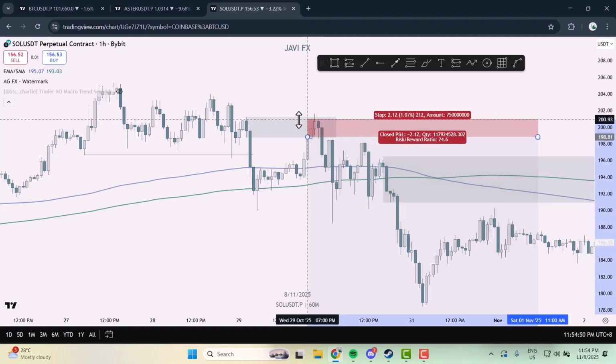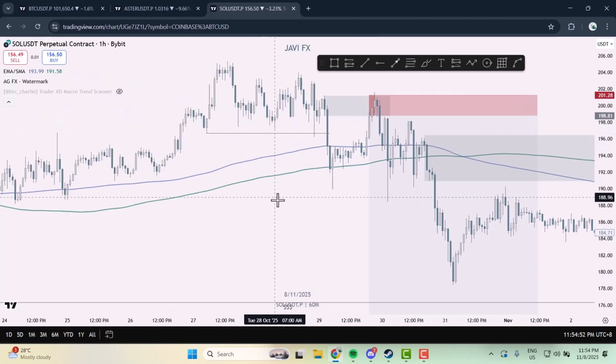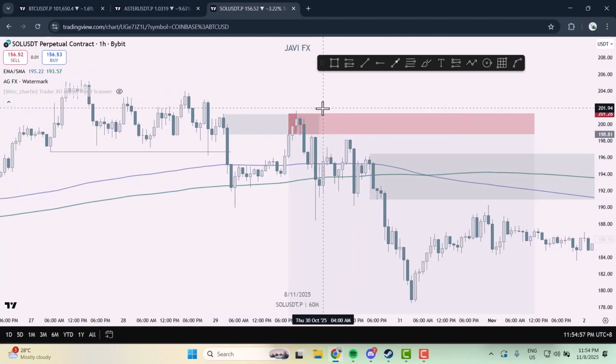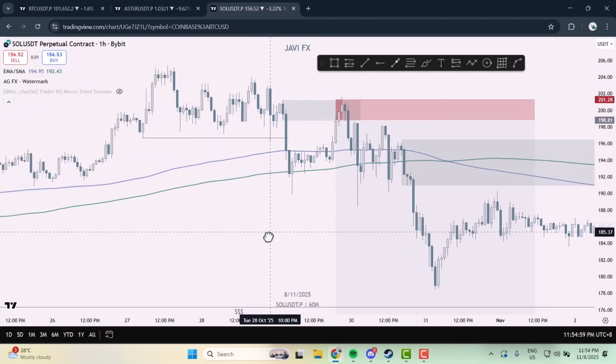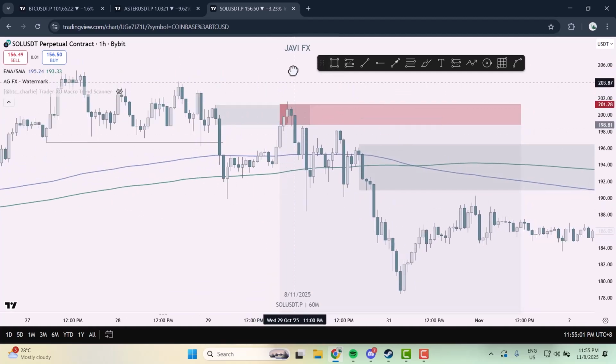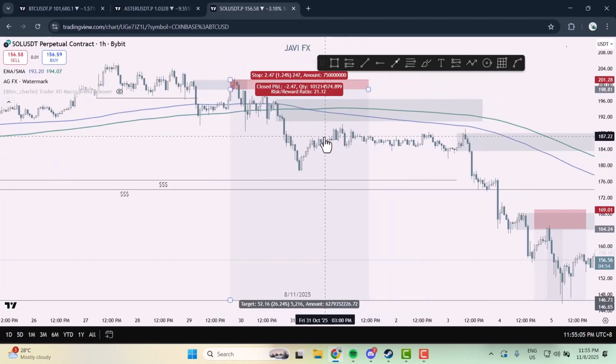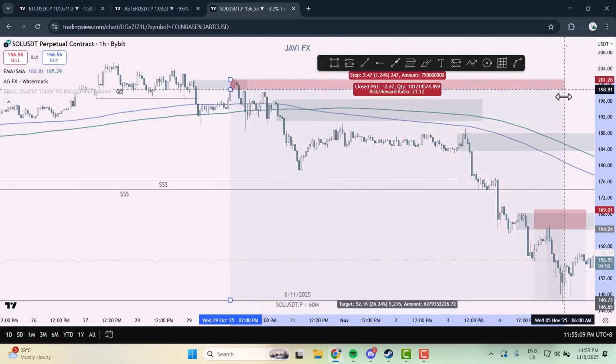Something like this. If you did not give leeway for your stop losses, you would have been stopped out before a 20x, 21x. Harsh truth, but this happens a lot.